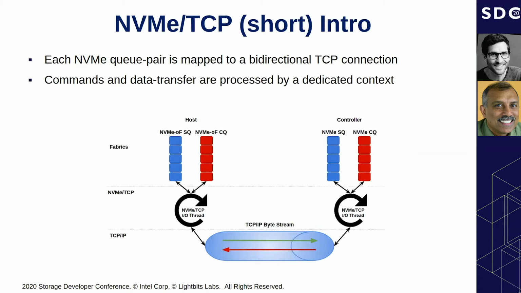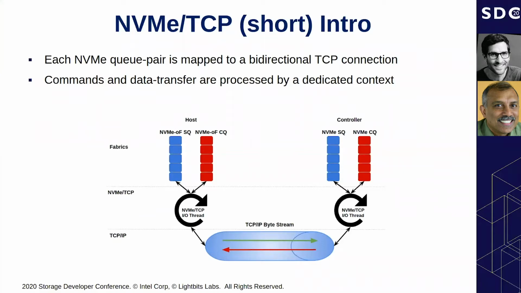So in NVMe over TCP, each NVMe queue pair, submission and completion queue pair, is mapped to a bidirectional TCP connection. And usually commands and data transfers are processed by a dedicated context. Could be a thread, could be a hardware context or whatnot.